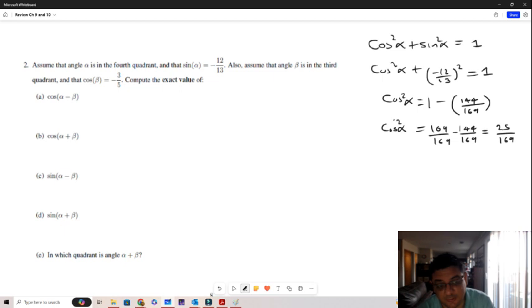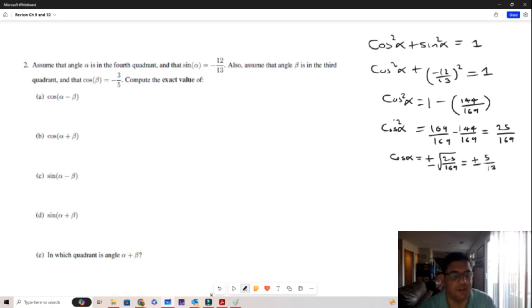And now, because I want cosine of alpha, not cosine square, cosine of alpha equals plus or minus the square root of 25 over 169, and that is plus or minus 5 over 13.